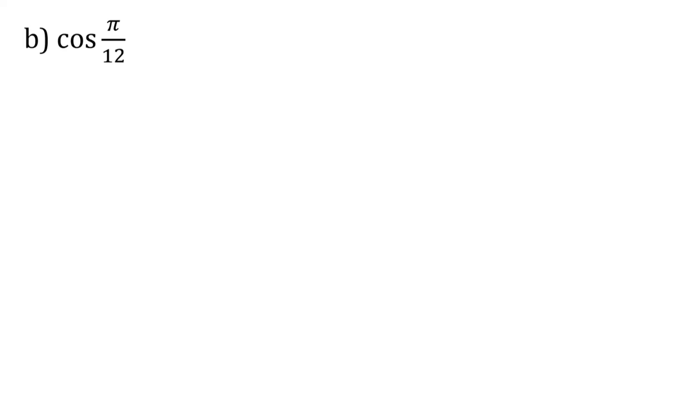The first rule is we're going to think of the three primary angles that we know how to find the exact value of. Those three are pi by 6, which is 30 degrees, pi by 4, which is what we talked about in degrees but now we're doing it in radians, and pi by 3.